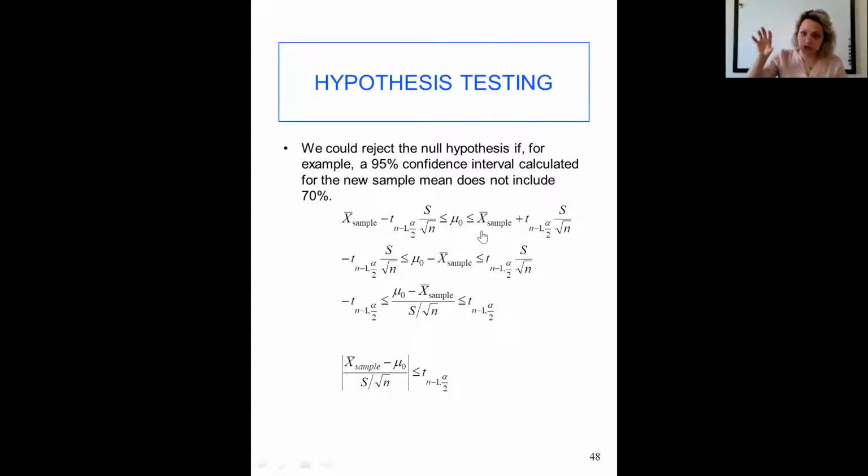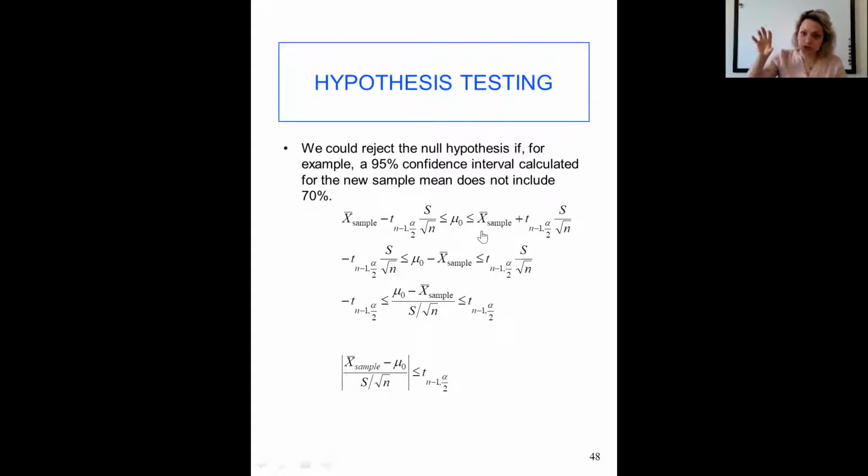So simply we can divide all three parts, this part and this part and this part, by the s over square root of n. So you will have minus t and positive t, right? And then you would have a new number between these two bounds.